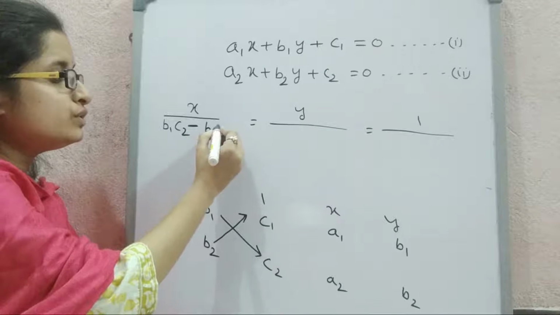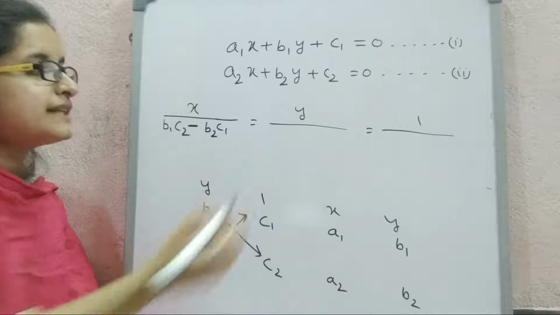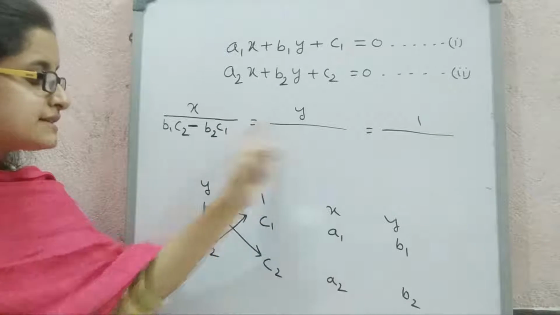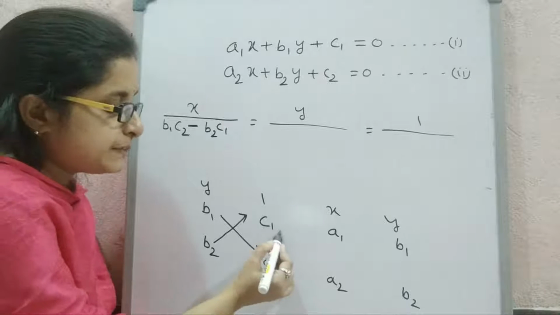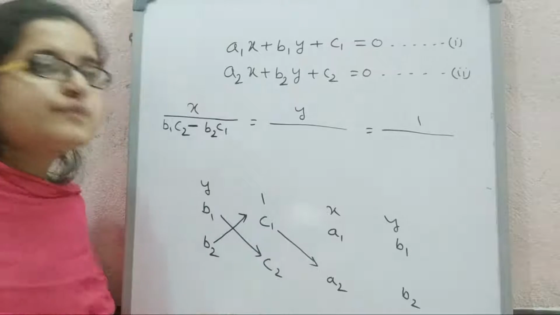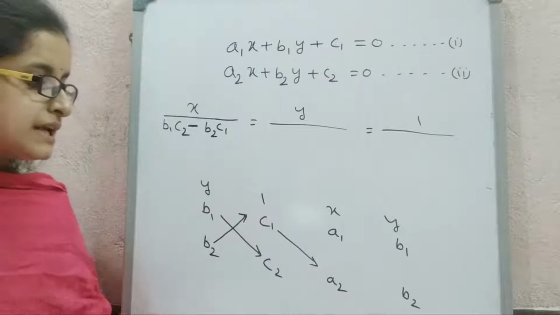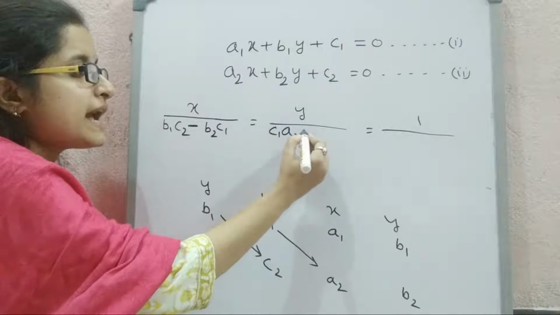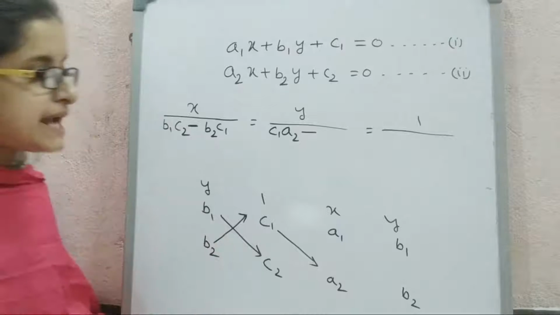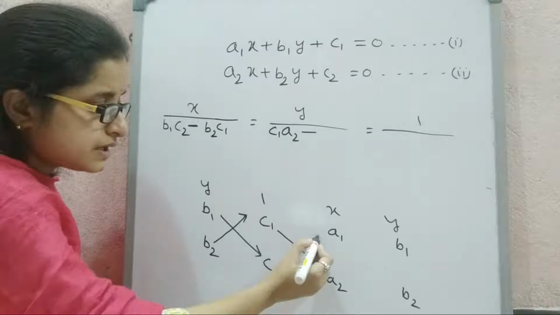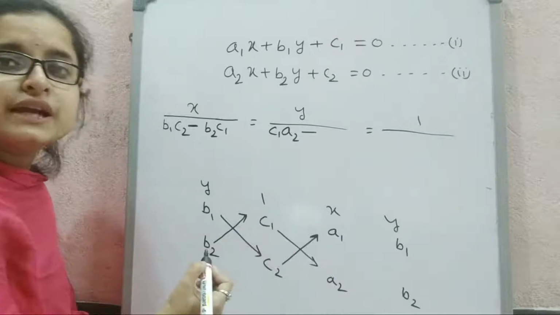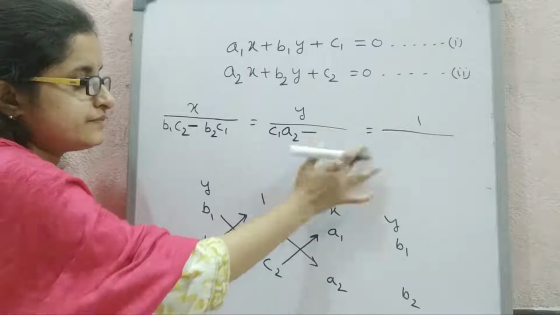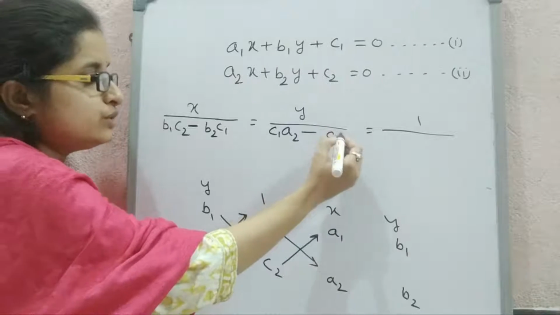After that for y, in this denominator we multiply c1 into a2 and subtract c2 into a1.